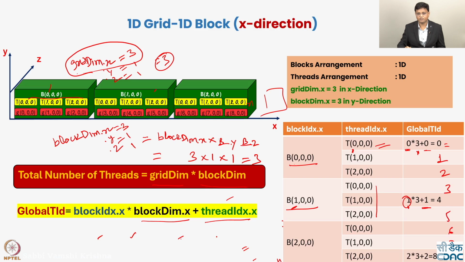Basically it is giving you the unique ID of each thread, and when I want to process some computation, just like in the previous example, what I will take here is B, giving the global ID in short, equal to A of GID plus 1.